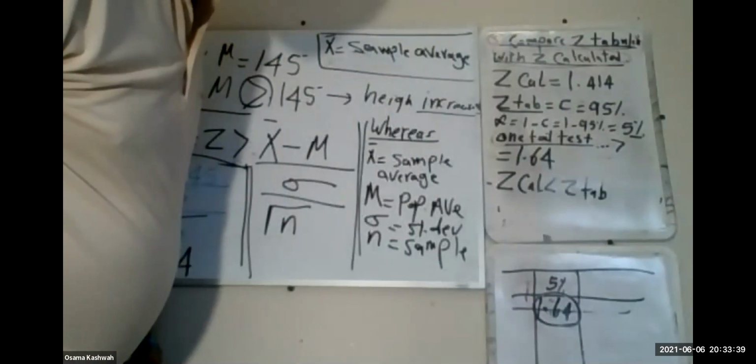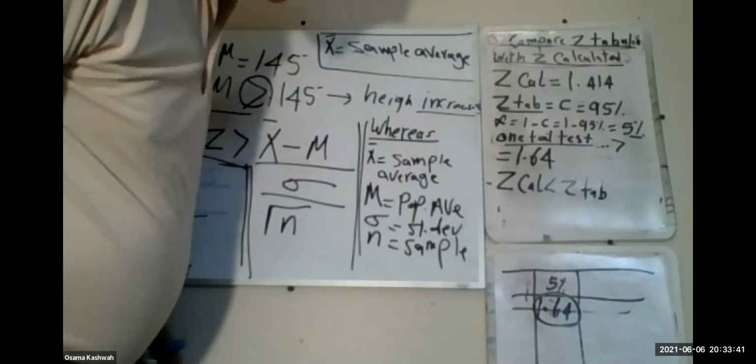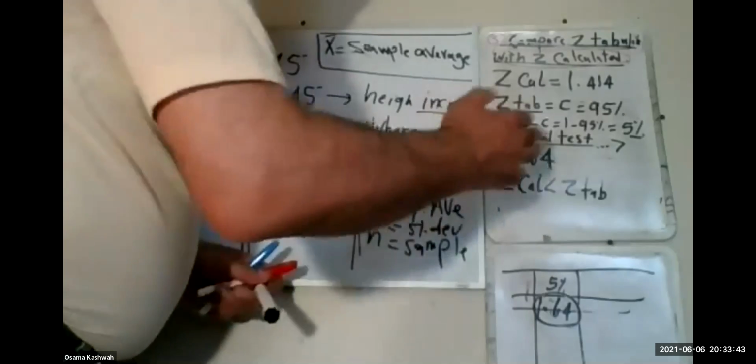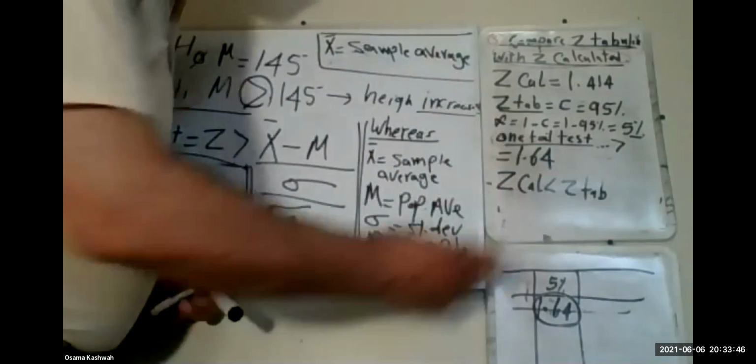Then it goes in the area of accepting. Okay, let me just draw it here as well.